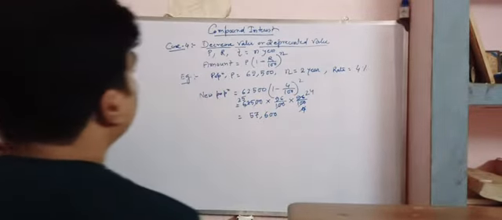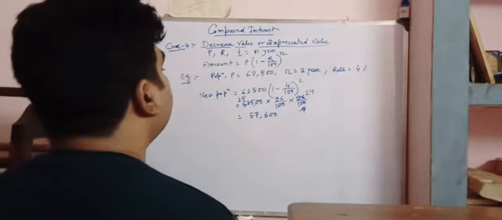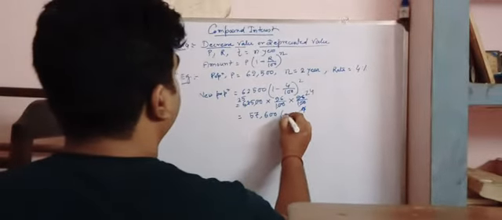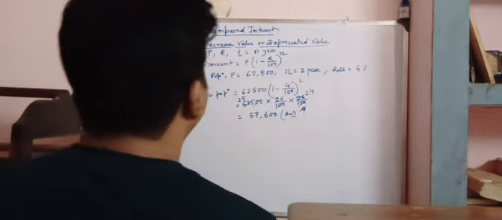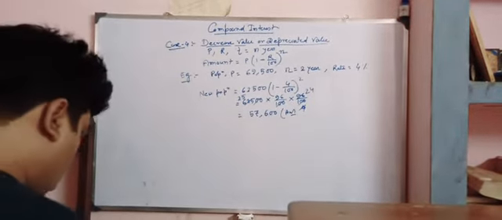So after 2 years, at a rate of decrease of 4%, my new population of the town should be 57,600. This should be my answer. So this is one example of decreased value or depreciated value.